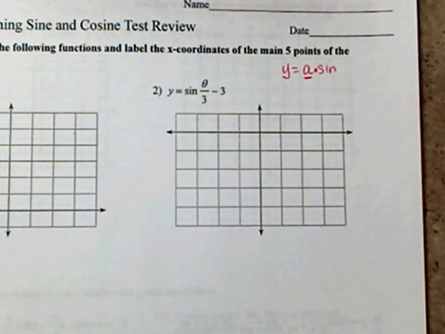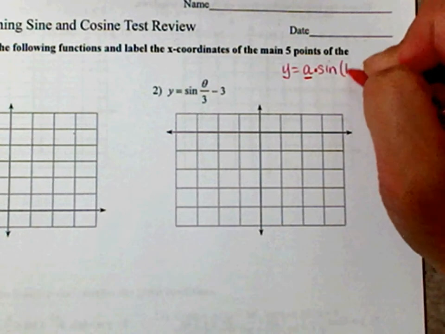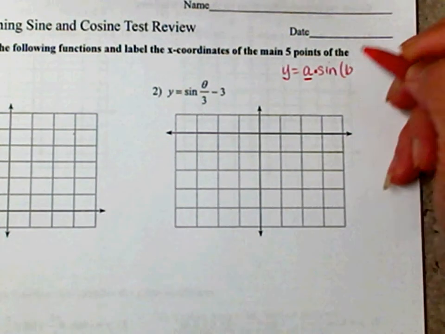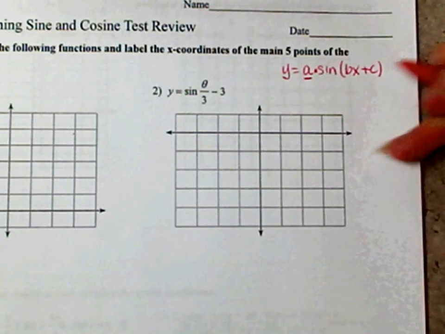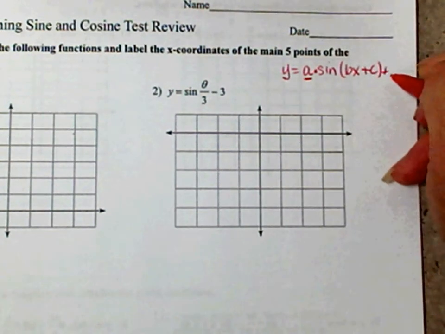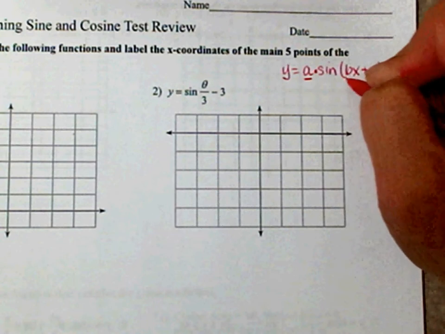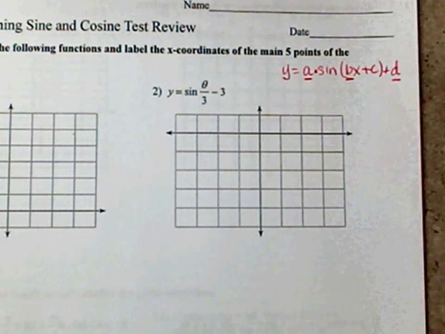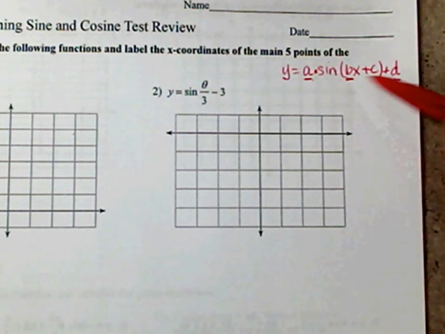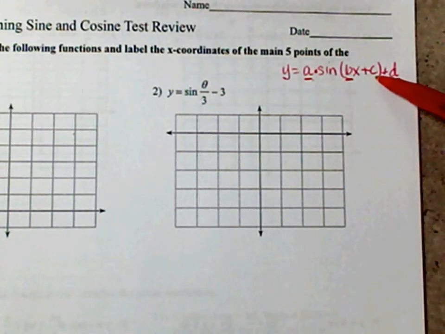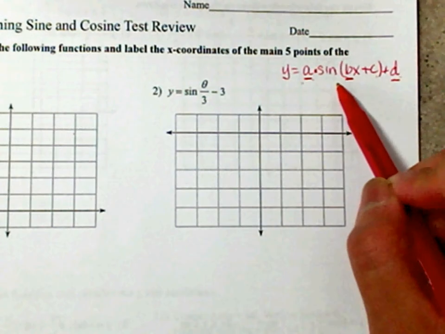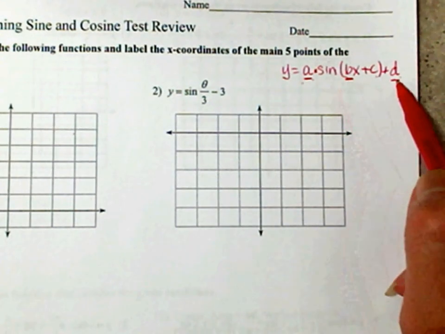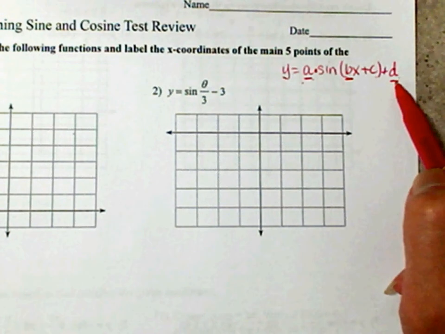Here I'm going to write sine, but it could be cosine, times B, which is your period, x or theta, plus C in parentheses, plus your D. The B and the D are... so the three that we need are A, B, and D. We are not going to be covering C for this test. A is your amplitude, B is your period, and D is your vertical shift.